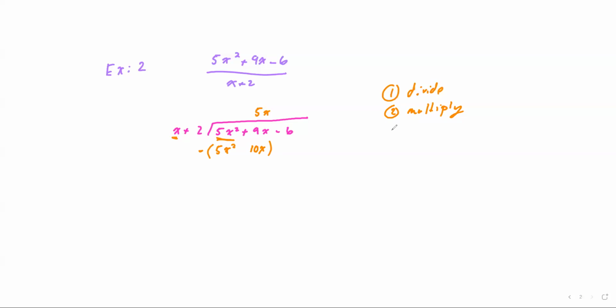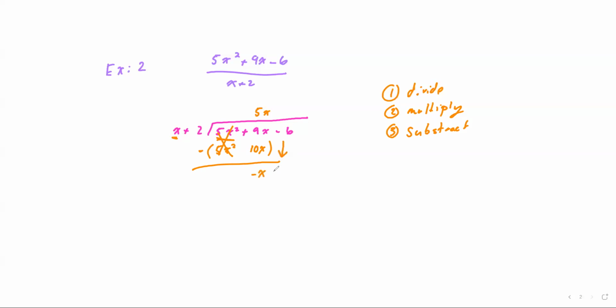So what that does is this now becomes a negative 5x and a negative 10. So this becomes 5x squared minus 5x squared, which will just go away. Then I get 9x minus 10x, and that would give me negative 1x.